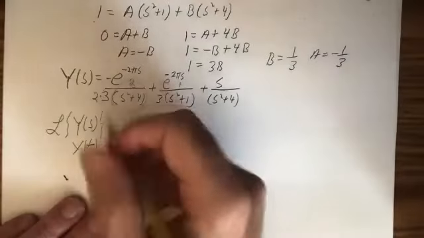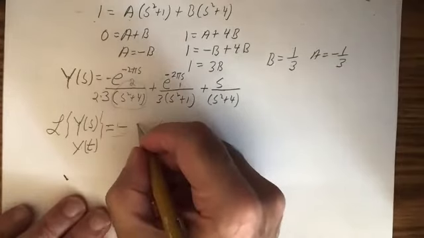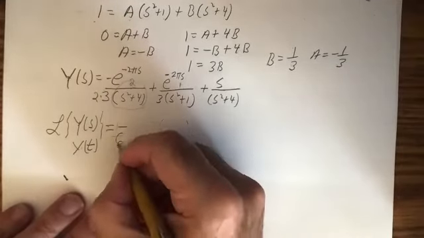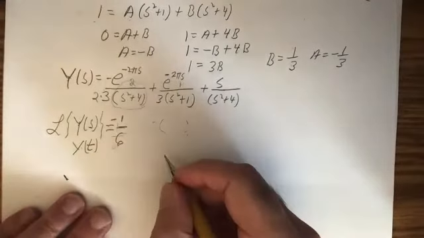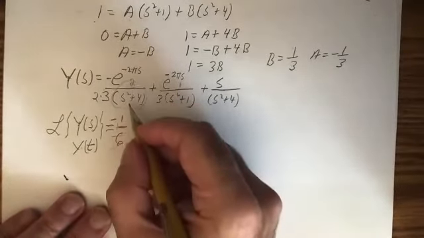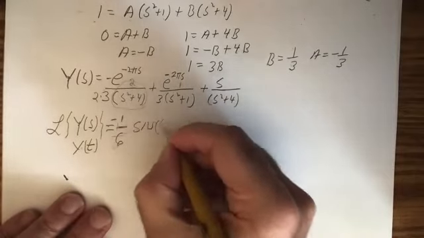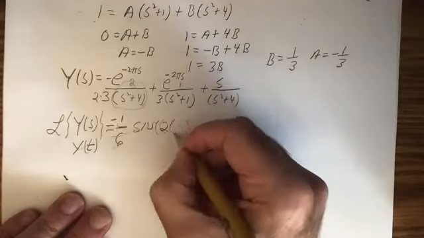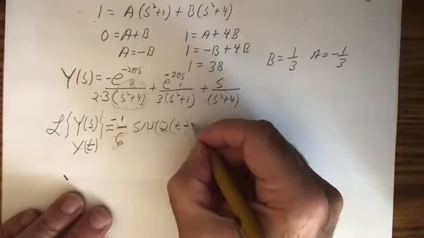So I got this minus sign, and I divided by 6, right? Okay, so now I took care of that. Now I have the sine of 2t, but my t now is going to be t minus 2 pi.